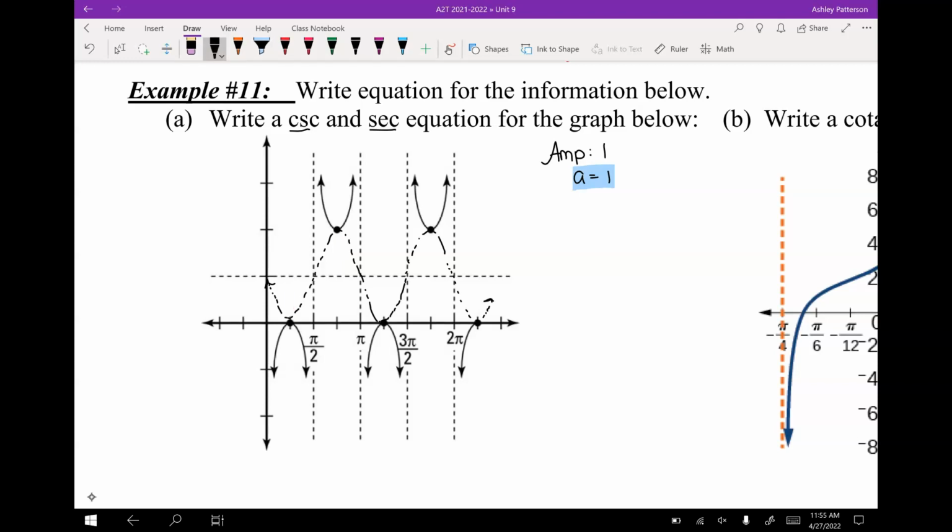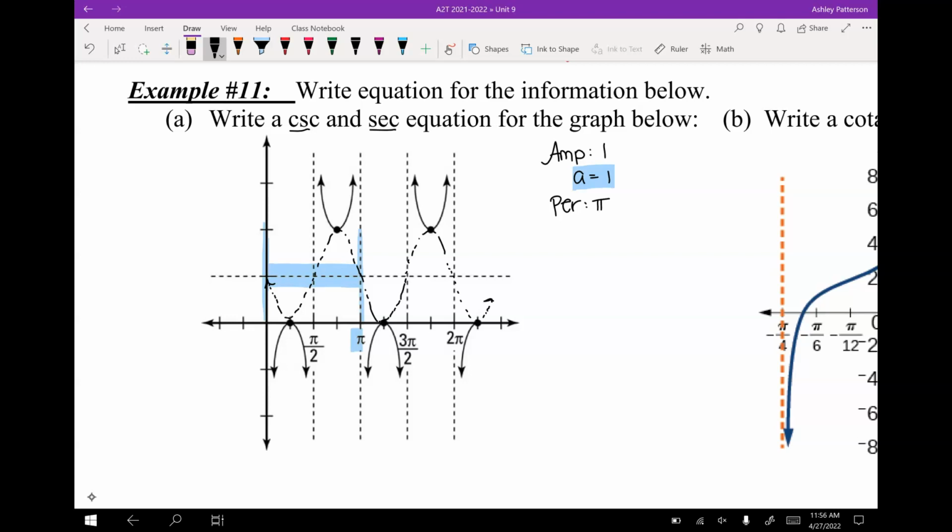The next thing I want to identify is the period, because that'll help me figure out if the b value is 1 or if it's something different. So if I start on our y-axis and I travel to the right, I have a parabola opening down, a parabola opening up, and then the behavior begins again, which means that our period is pi.